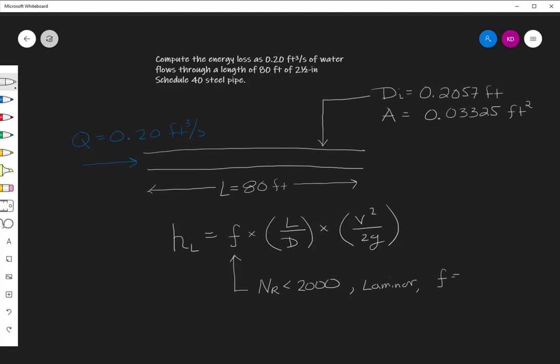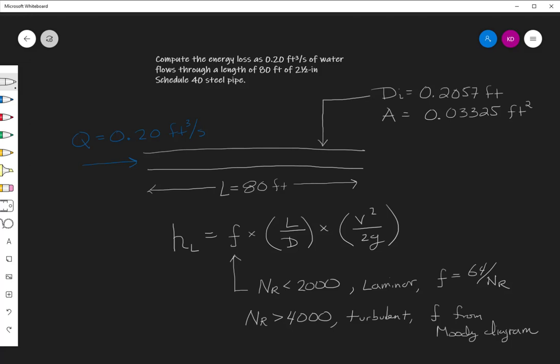This friction factor is just equal to the number 64 divided by the Reynolds number. And that's very straightforward to calculate. However, if we find that the Reynolds number in the problem is greater than 4,000, the flow in that case is turbulent. And the friction factor we will get from what's known as the Moody diagram.